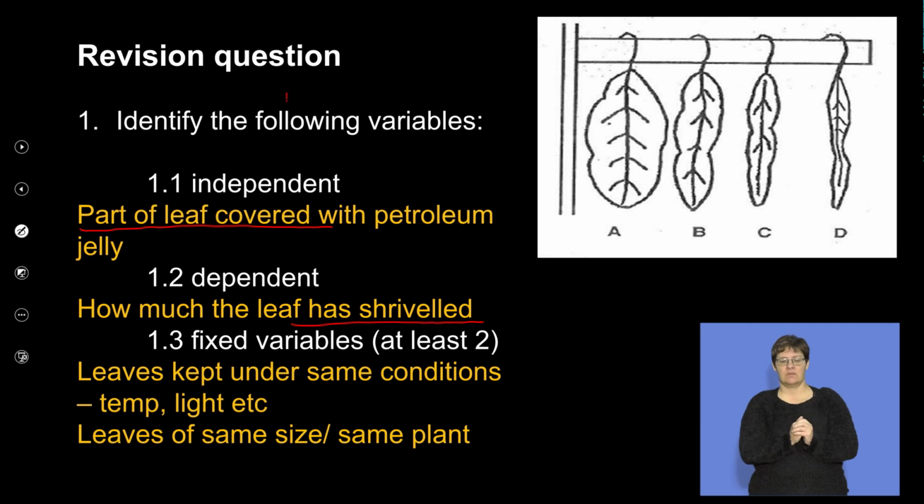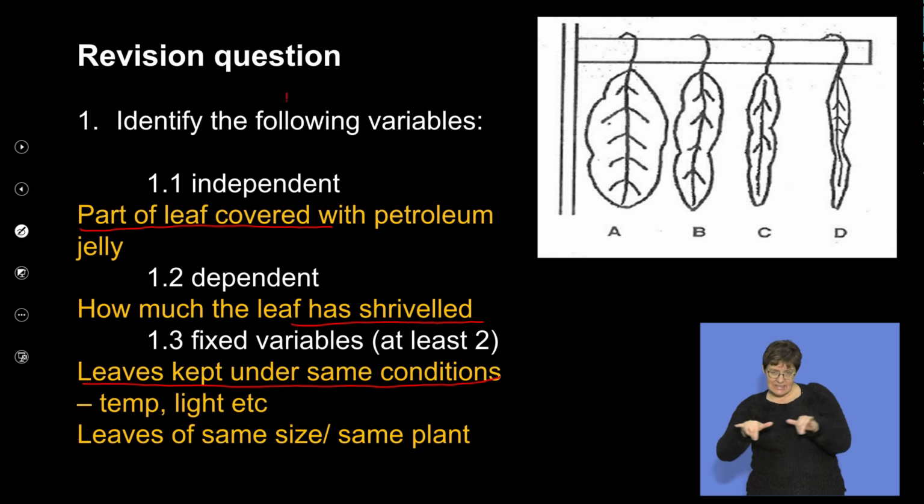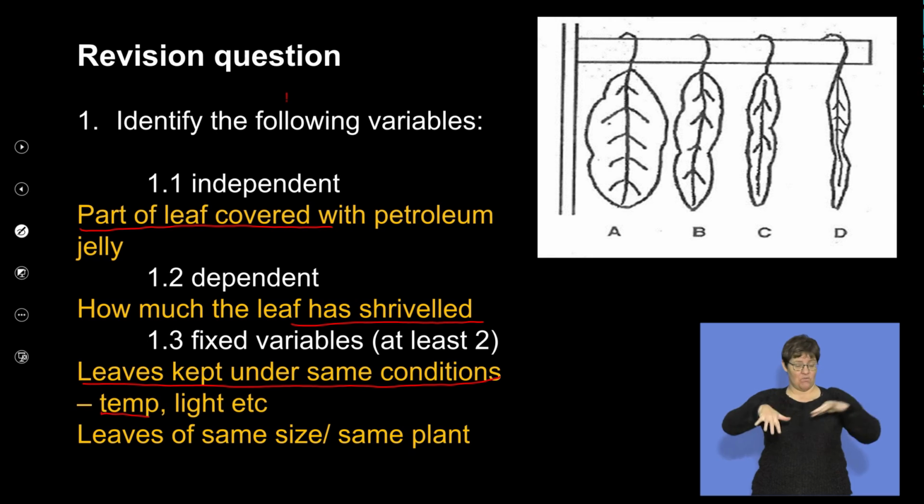Fixed variables. What do you need to keep exactly the same? And here you need to think of the other factors that would affect transpiration. So you keep the leaves in exactly the same conditions. For example, they must all have the same temperature. They must all have the same light. They must all have the same humidity. They must all have the same wind.